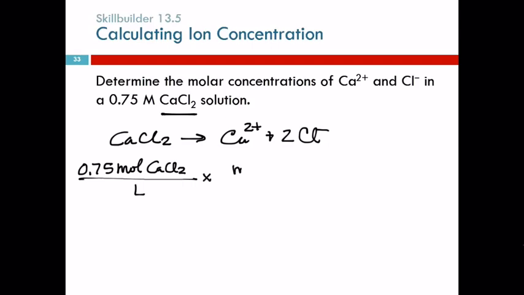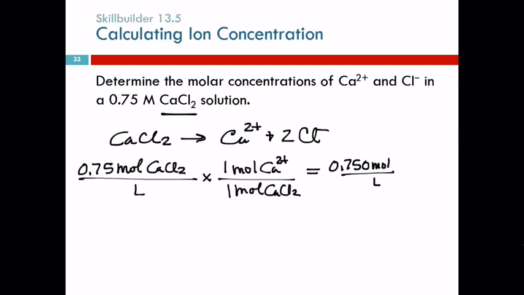Well, how many moles of calcium ions per mole of calcium chloride? What's the mole ratio? 1 to 1. So the concentration of the calcium ion is the same. But when we do this with the chloride ions, it's a little different.